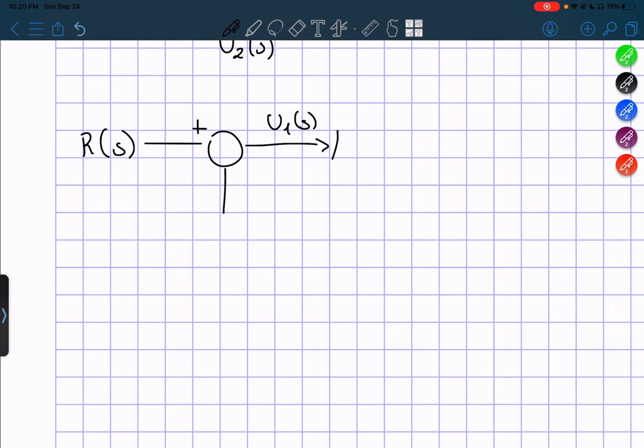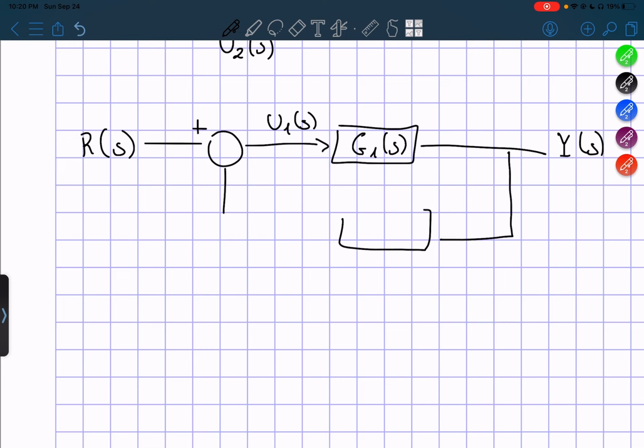Then we go to g1 of s, and it gets out, and then we get a y of s. However, I get a feedback here, and here I have another block, g2 of s, and here it goes back in here, and we have a minus here. Now I can call this y1 of s, and this u2 of s.